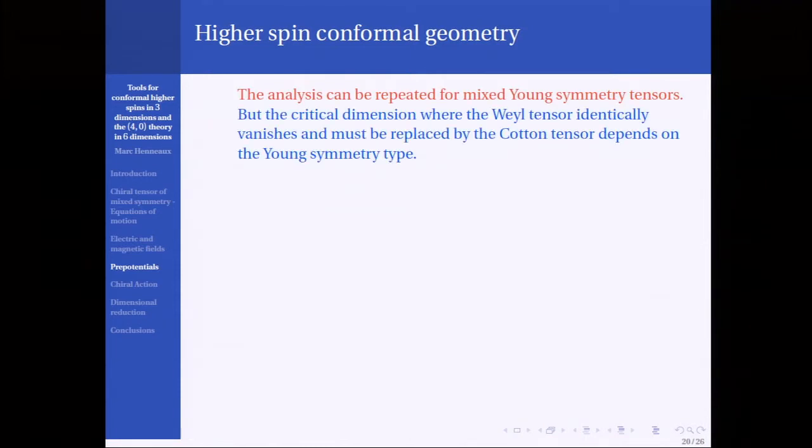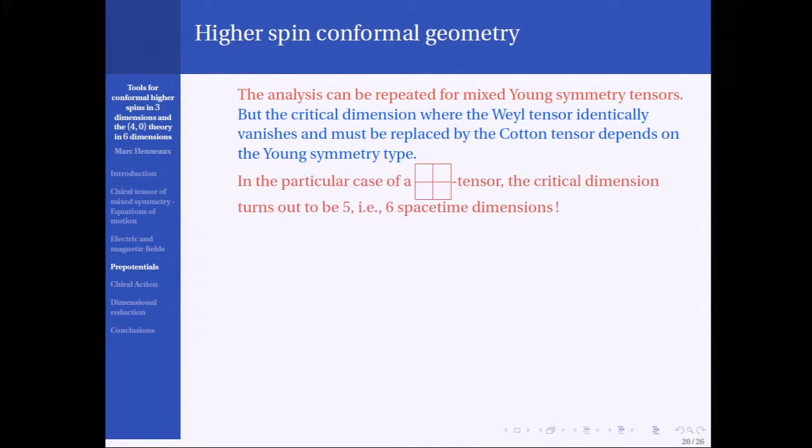Now let's come back to our 2-2 tensor. You can do the same analysis, but it turns out that 3 is in a sense a critical dimension where the Weyl tensor identically vanishes and you have to replace it by the Cotton tensor. It turns out that for tensors with mixed Young symmetry, the critical dimension where the Weyl tensor identically vanishes is not necessarily 3, it depends on the Young type, and there you have to define a Cotton tensor.